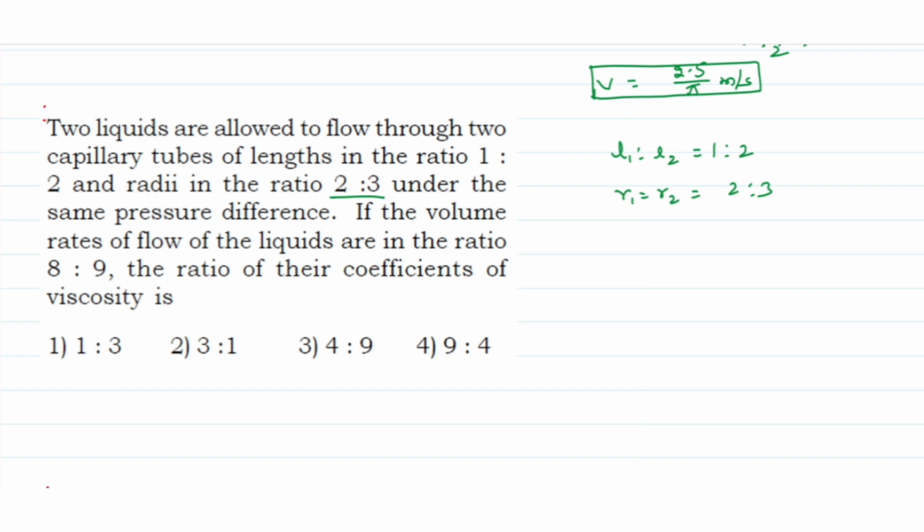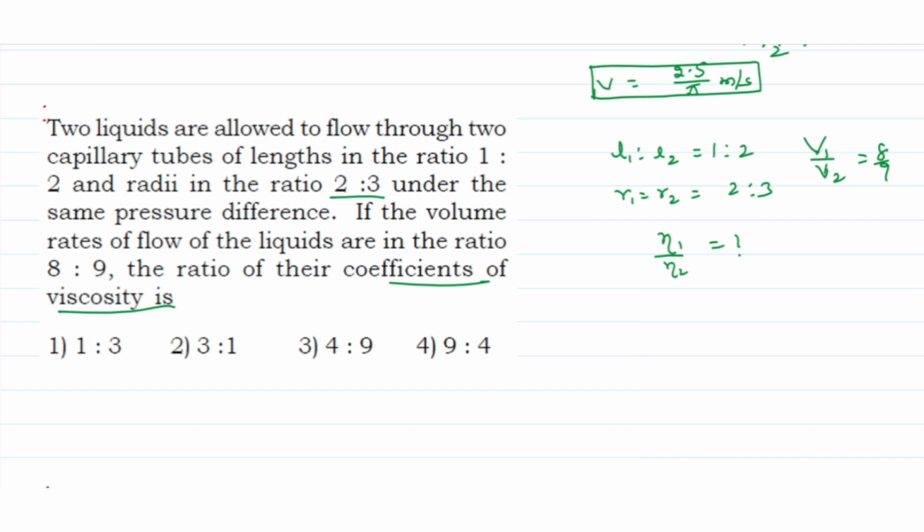If the volume rates of flow of the liquids, meaning the volume flowing per unit time, V1 by V2 is given as 8:9, the ratio of their coefficients of viscosity is the question here. So we need to calculate the ratio of the coefficient of viscosity, eta1 by eta2.